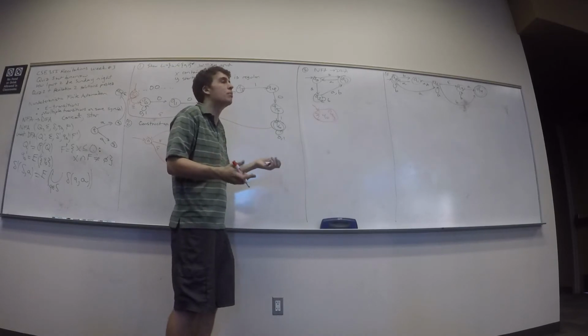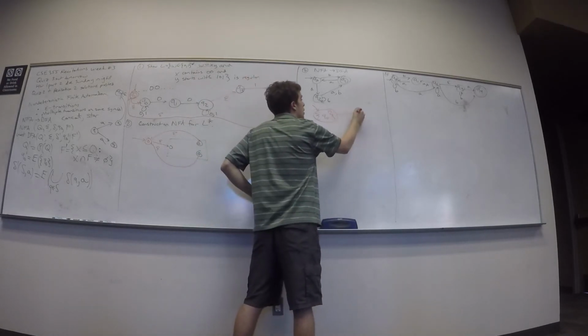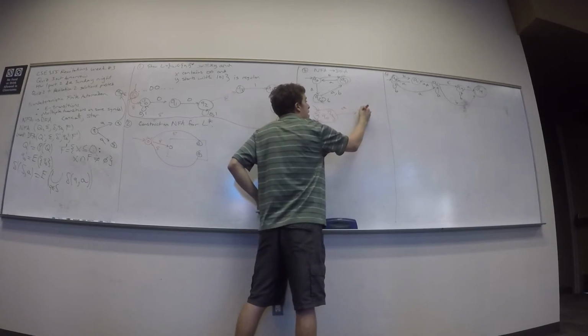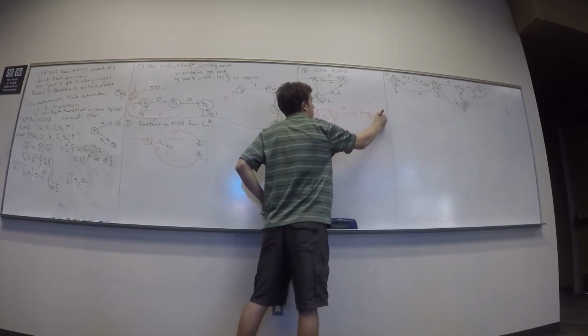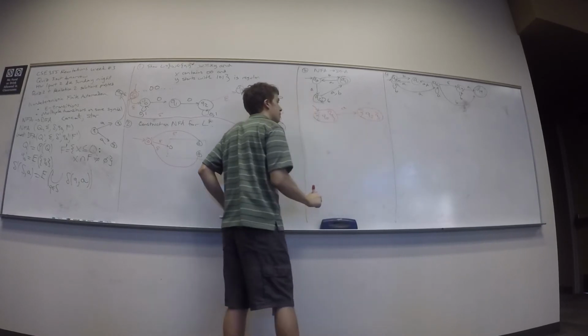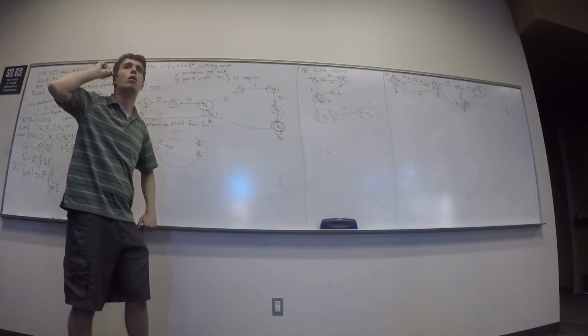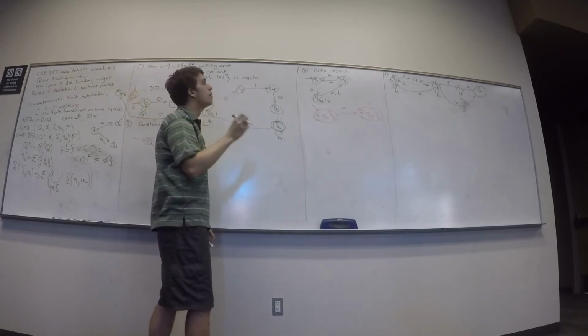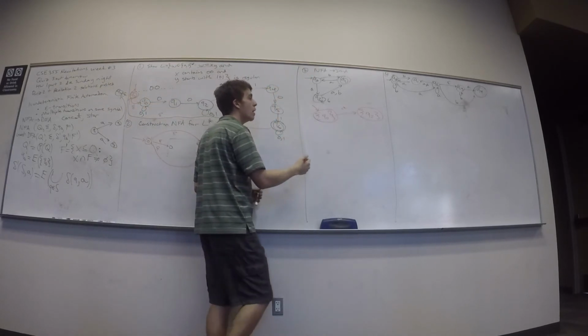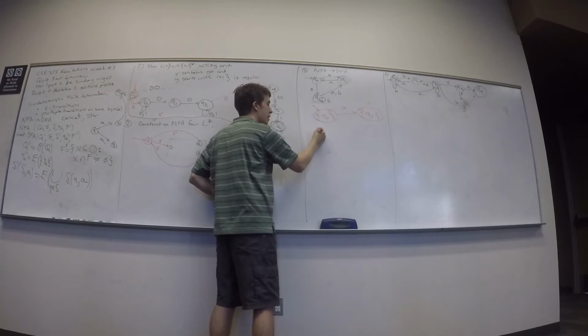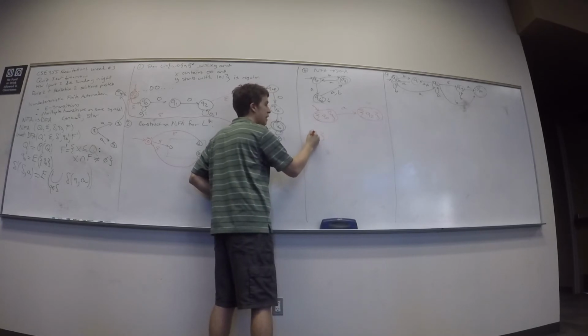So on input A, I can go to Q2. Q0 on input B, where can I go? Q1. I can go to Q1 and nowhere else. And I don't have that state yet, so I'm going to make a state Q1.